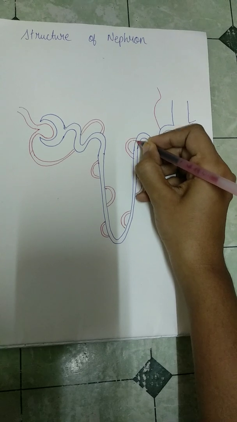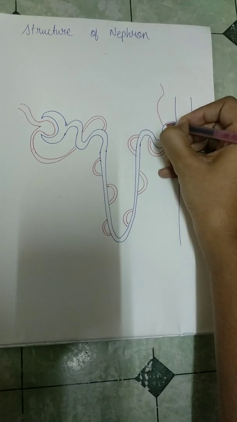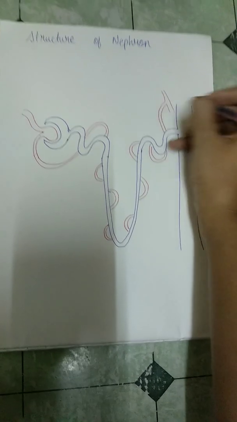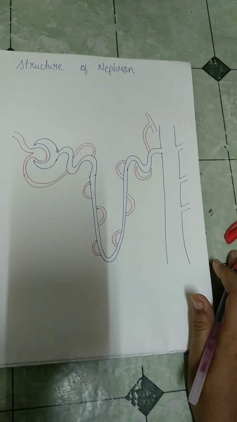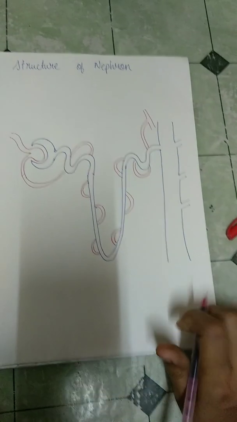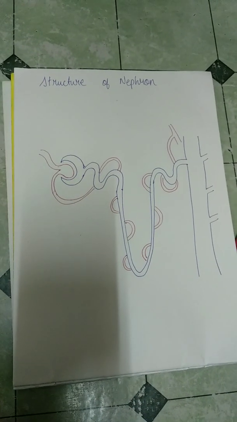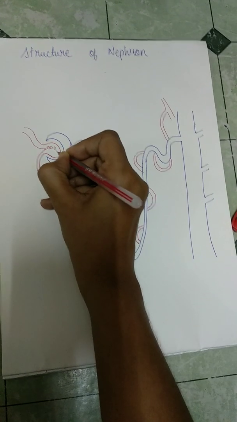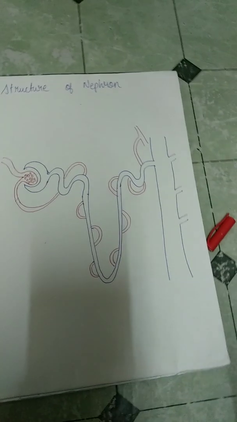You can even draw it more in number. Okay, so our blood capillaries are ready. Now the next part will be to label it. Oh yes, and one more thing, over here the space which is remaining, just draw round circles. Okay, that's it. The structure of nephron is done.